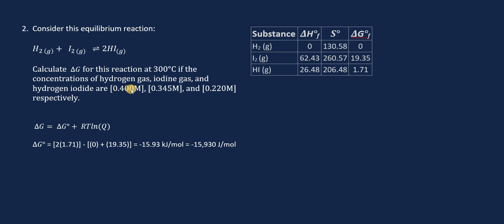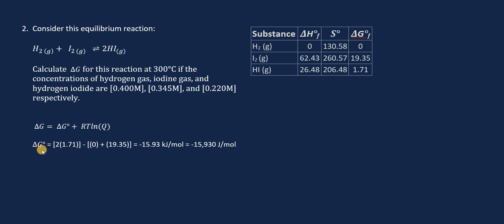So here we're saying that the concentration of H2 is this, the concentration of I2 is this, and the concentration of HI is this. And this is where we bring in the Q. So if your question specifically gives you concentrations, that's when you want to start thinking in terms of using this equation with Q in it, because we need to use these concentrations to calculate Q.